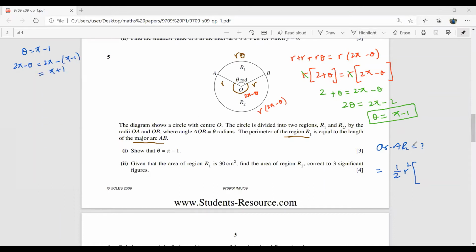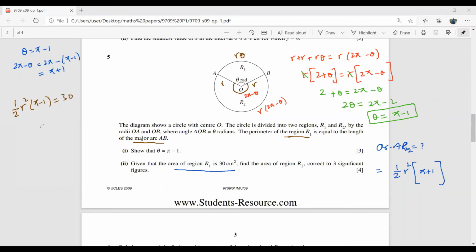So the area of the region R2 would be half R square into pi plus 1. We don't have the value of R. So let's use this condition here, the area of R1. So area of R1 is going to be half R square theta, and theta is pi minus 1, that is equal to 30.